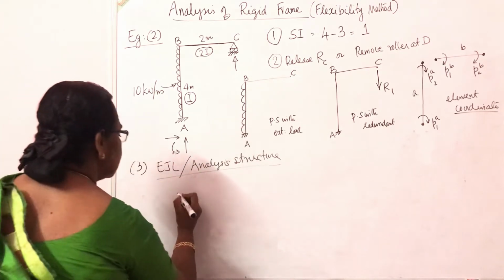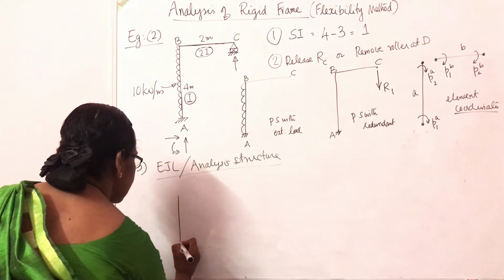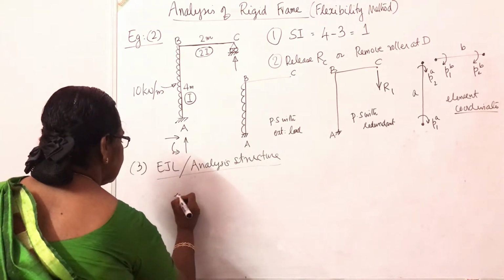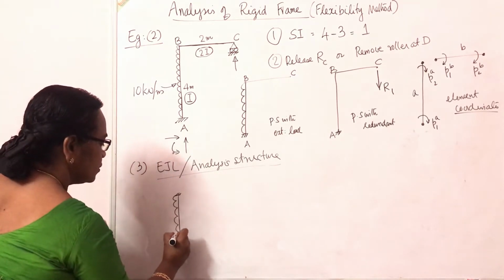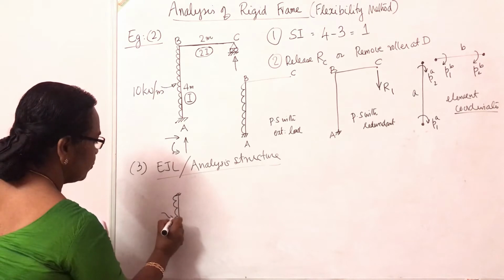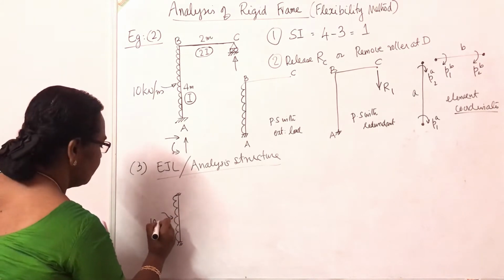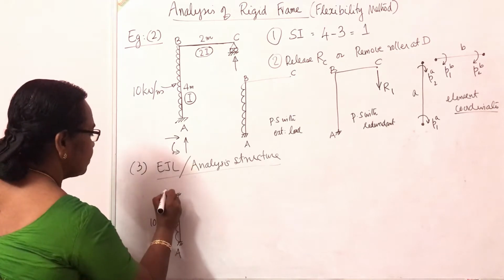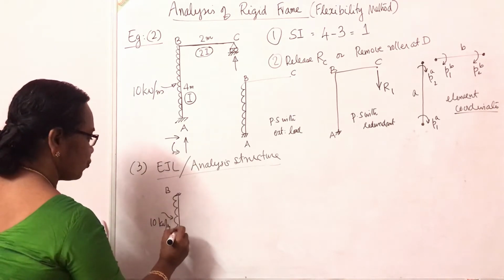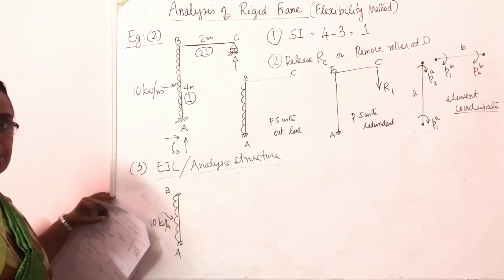So consider this element AB. Let us assume it as both ends fixed and find out the fixed end moments corresponding to this 10 kilonewton per meter UDL, and the span of the beam is 4 meter. So what are the fixed end moments?